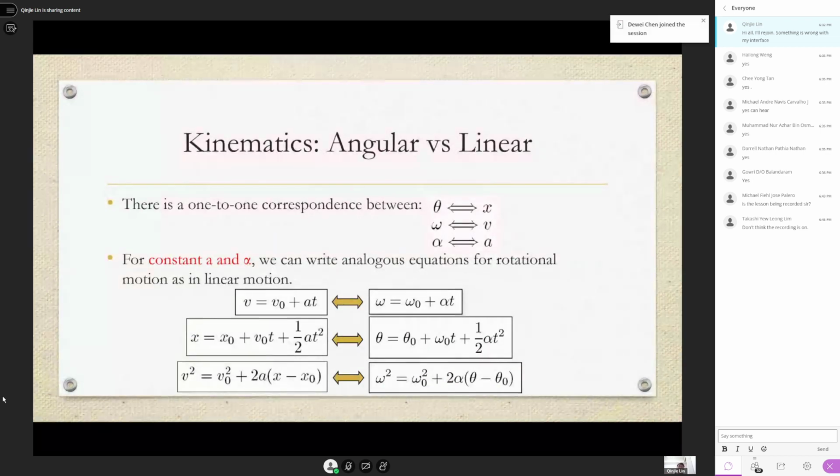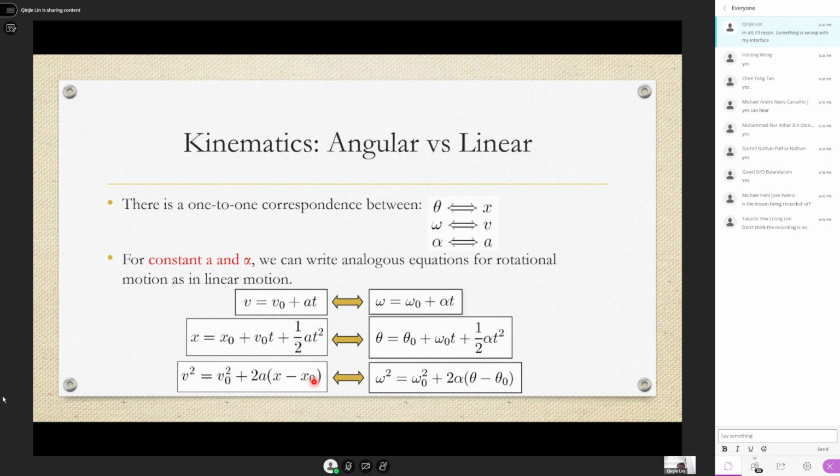Just that now, instead of talking about moving in straight lines, we are talking about rotation. That's all. So there's a one-to-one correspondence between theta and x, omega and v, alpha and a. The angular quantities are on the left, and these are the linear quantities. So you see, they all look very similar. There's a fourth one, it's not written here. The fourth one is also true.